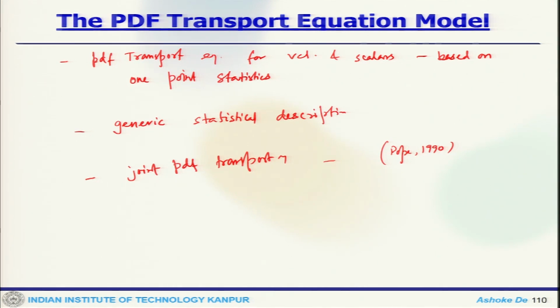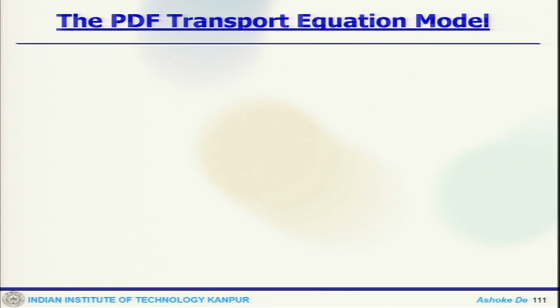Now, there are different ways to derive this transport equation for this joint probability density function for the variables V and psi, which are functions of x and t.